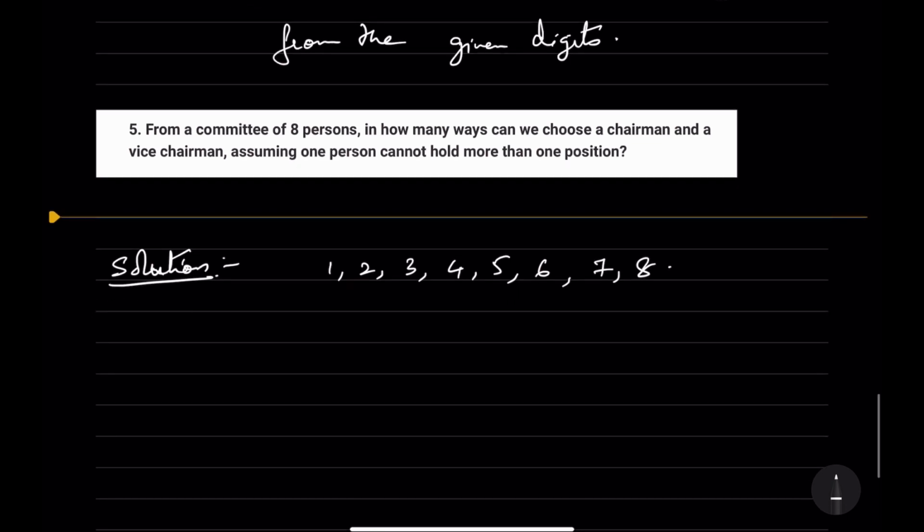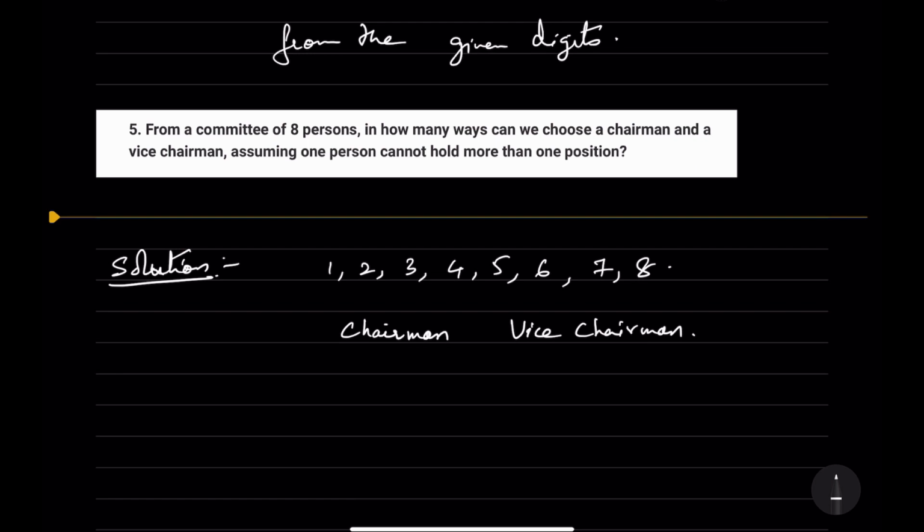So in how many ways can we choose a chairman and a vice chairman? So we have to choose 2 positions over here. Assuming one person cannot hold more than one position, both of them cannot be the same person. Chairman and vice chairman should be different.